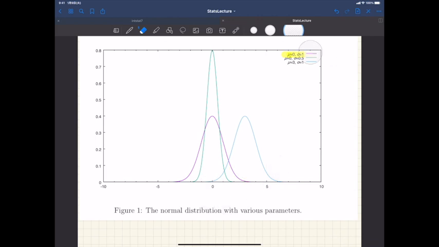When mu is 0 and sigma is 0.5, then the distribution is still symmetric around 0, but it's narrower. Actually this sigma is the standard deviation of this distribution. So when sigma is small, then the standard deviation or variance is small, so this width becomes smaller.